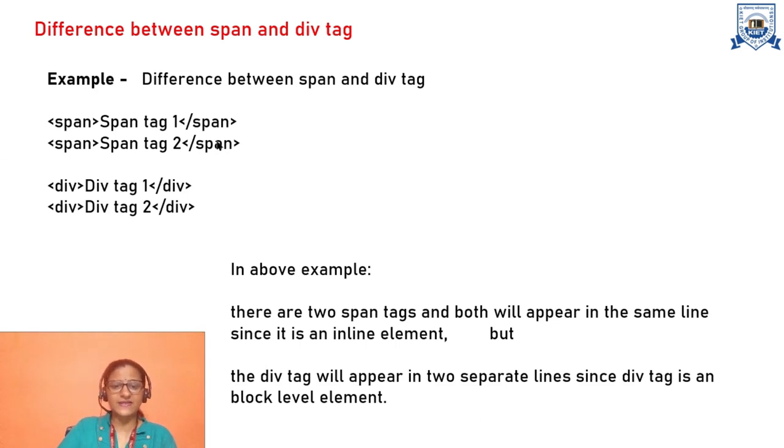Since it is an inline element, it will cover the same line. But the div tag, here this div tag will appear in two separate lines, since the property of the div tag is that it is a block-level element. So for the first div, it will create a block, and for the other div, it will create another block.